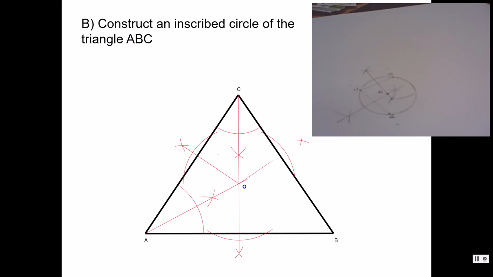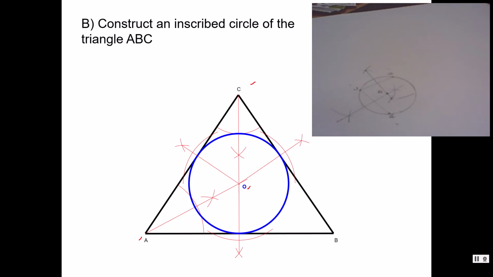Okay, for this one, you can see the first step is to construct the bisecting line from point A and point C, so that we're going to get point O here as the center point of the circle.